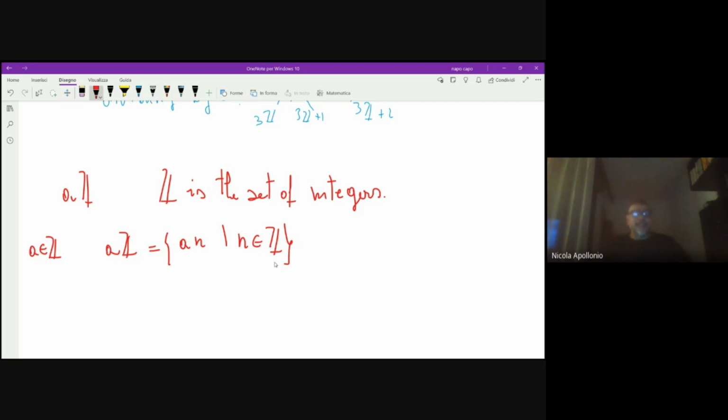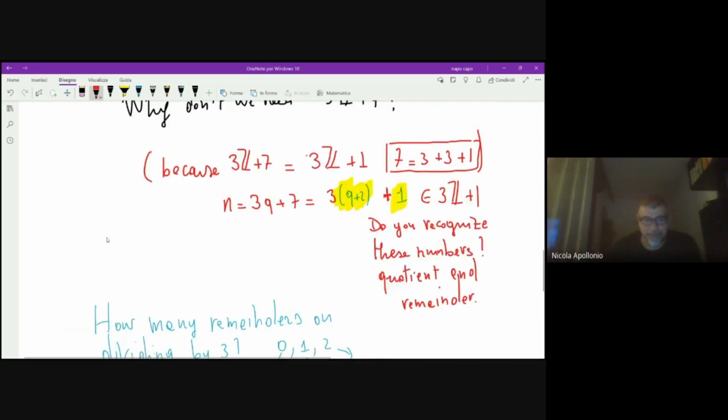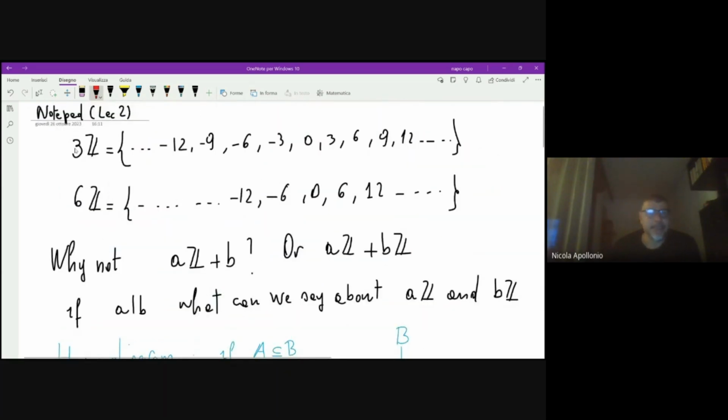And so aZ is simply the set of multiples of a. This is a mnemonic and elegant, as we will see, way to denote the set of multiples of a. Good. For instance, I wrote down a couple of examples.